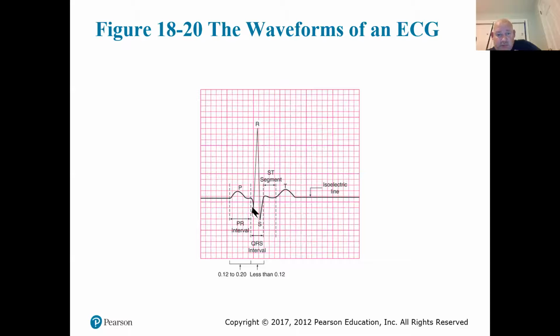So from the beginning of the Q to the end of the S, as you can see the line that's marking the QRS interval, that time frame is 0.12 seconds or less. So that equals 3 of those little boxes or less for that to be a sinus rhythm. That complex has to be less than 3 little boxes.